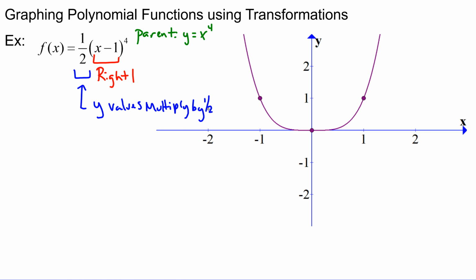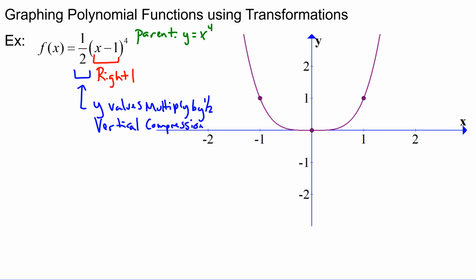And then visually, what does that look like? Well, it's going to be a vertical compression. What makes it a compression is that my multiplier is less than 1. So it's going to move all of our y values to be smaller than what they were before, and that makes it look like it's being flattened towards the x-axis.